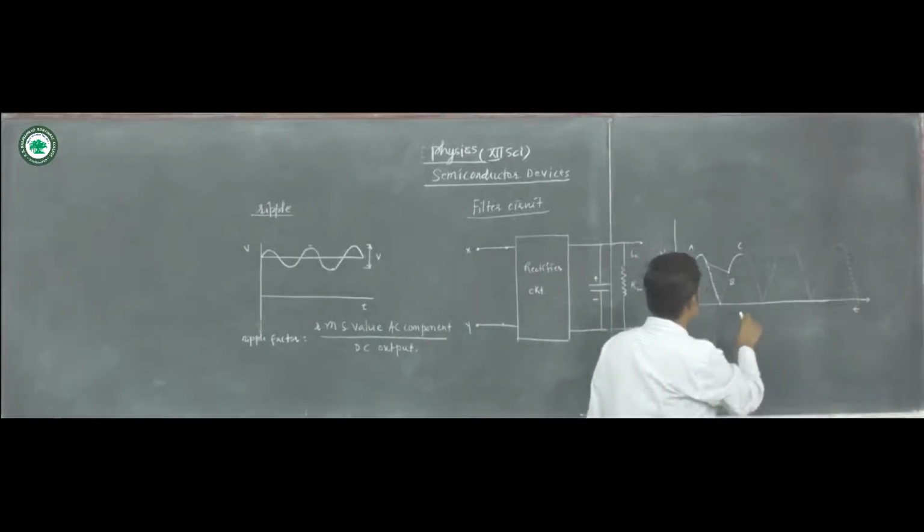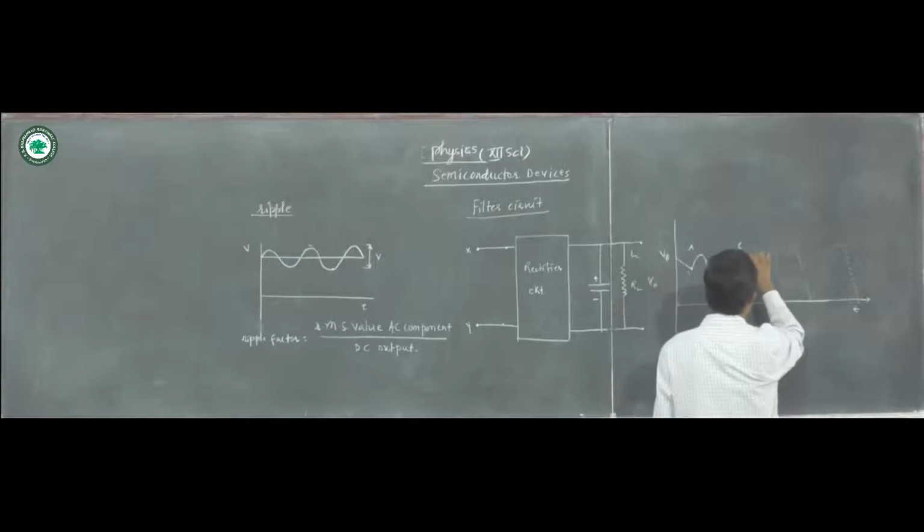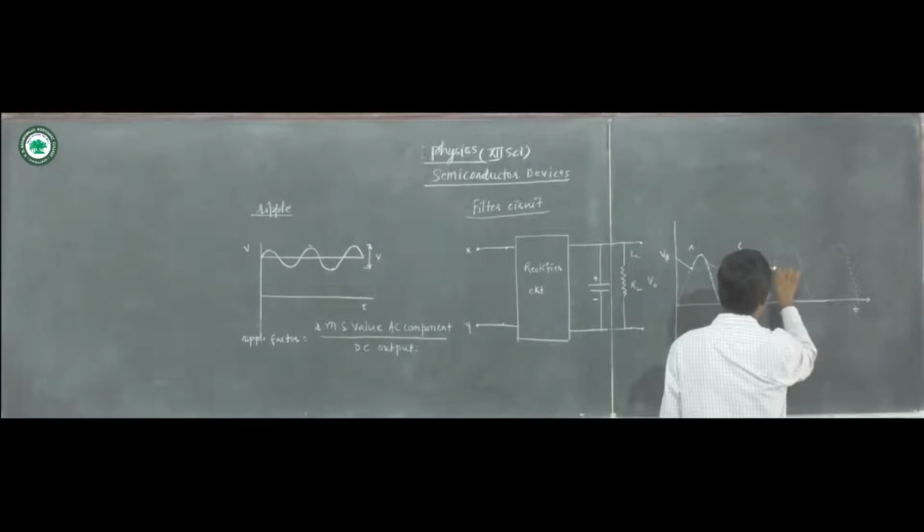This capacitor starts to discharge here at D point. Again when voltage starts to increase, it charges up to this point E in a short time.